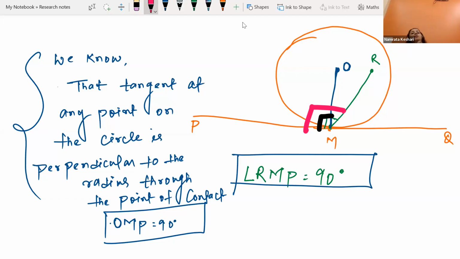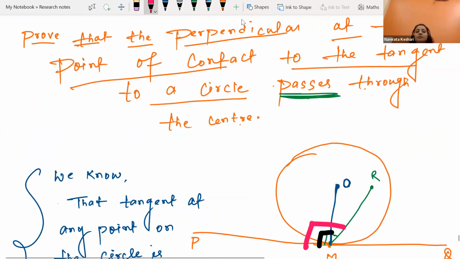It looks different in the figure, but according to our outcome, R and O must be the same point, and hence the theorem is proved: the perpendicular at the point of contact to the tangent must pass through the center. Getting it? It is very simple.